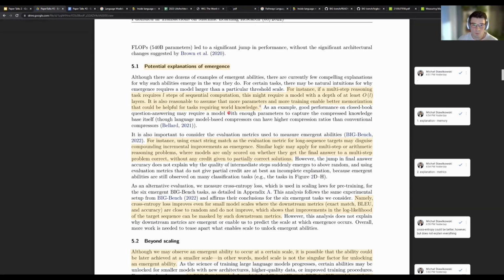tasks requiring world knowledge. So this looks like some sort of explanation, but why actually isn't it increasing gradually? Because I think that if we are increasing our memory, we should be gradually better at some tasks.